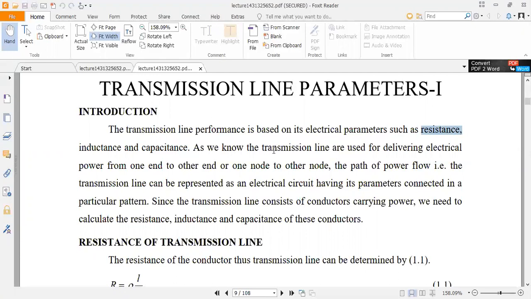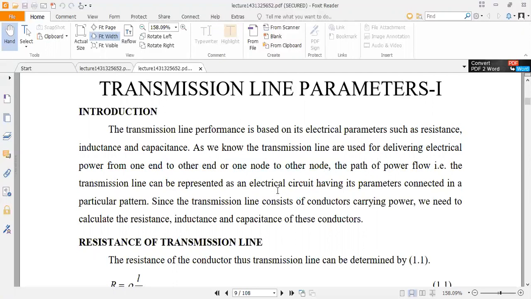As we know, transmission lines are mainly used for delivering electrical power from one node to another node, or you can say from one end to another end, or from one side to another side. It provides a path for the flowing of power.